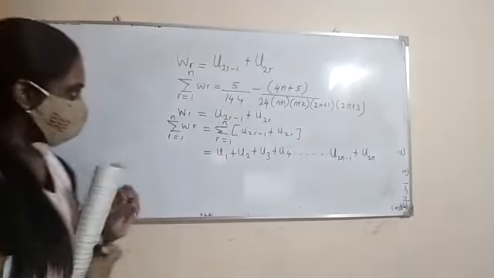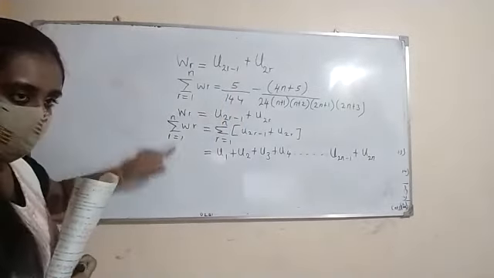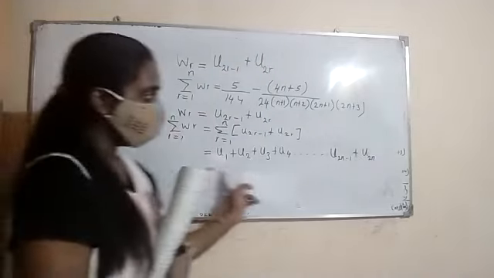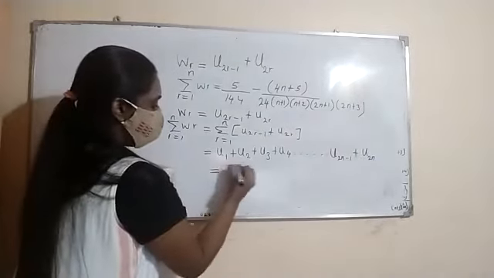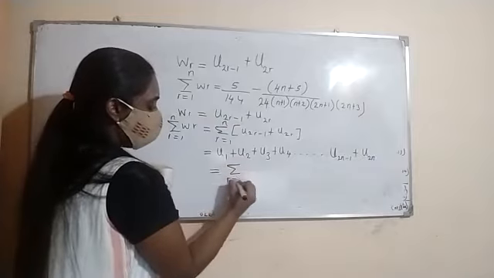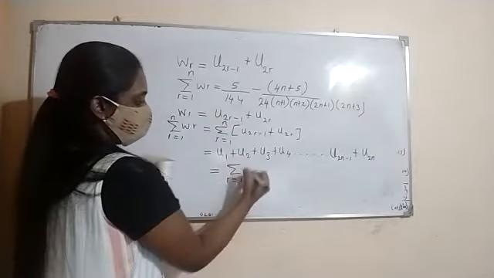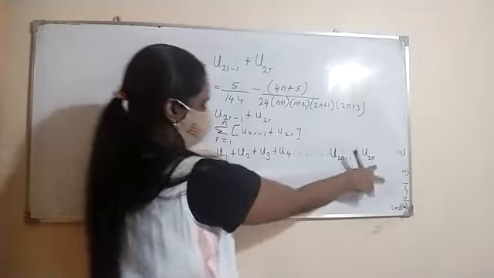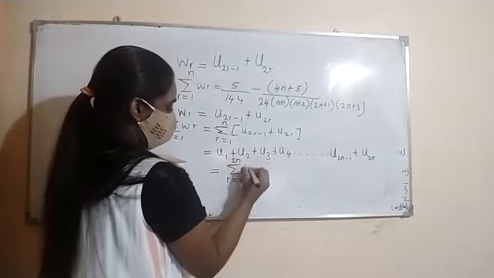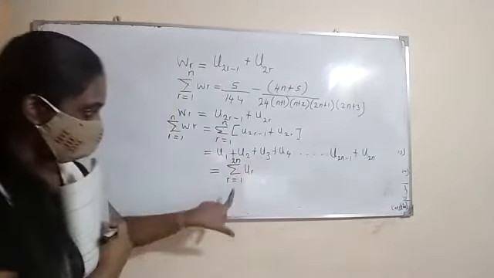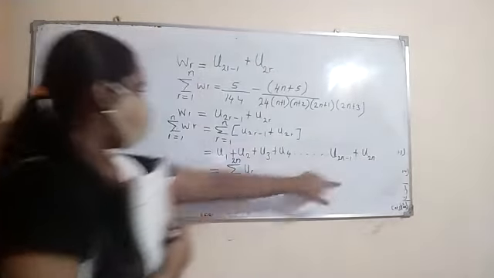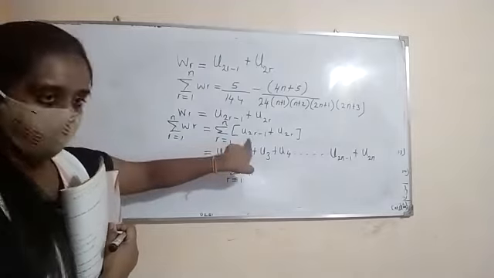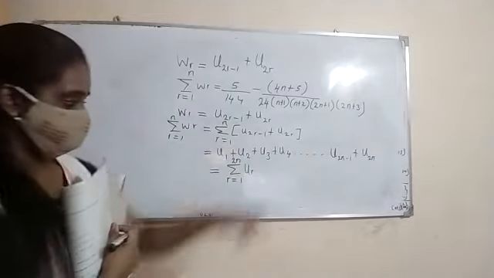So sigma R running from 1 to n WR can be written in terms of U. This is the summation sigma R running from 1 to 2n of UR. So here this R is starting from 1 and ending at 2n. How did I find that? I could have started from 1 and n1 is this.